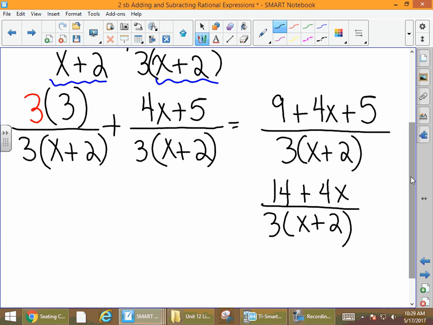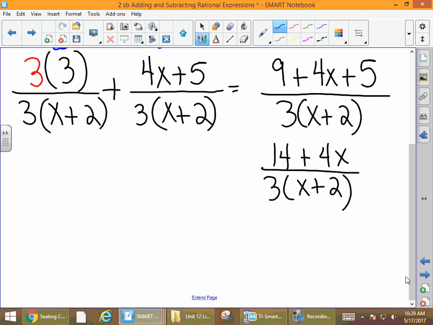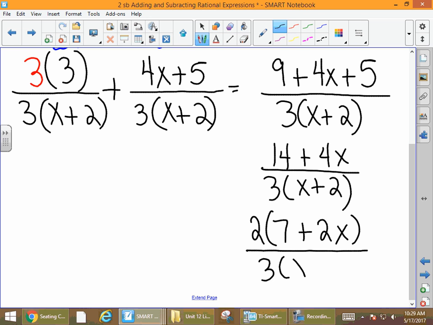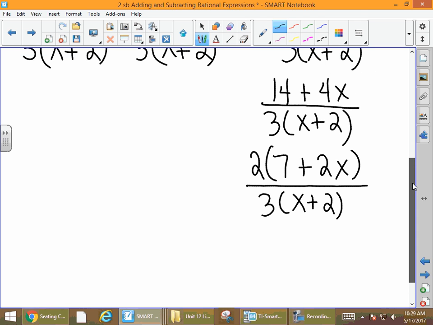And as we look at the numerator, we can factor the numerator. What's the GCF of the numerator? 2. If we factor that, 14 divided by 2 is 7, and 4x divided by 2 is 2x. Do we have anything exactly the same in the top and the bottom?